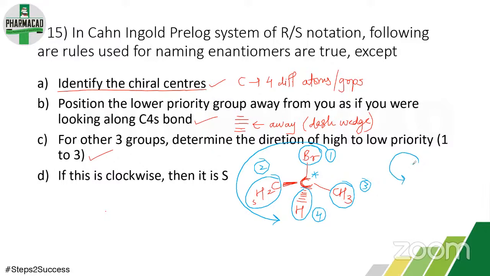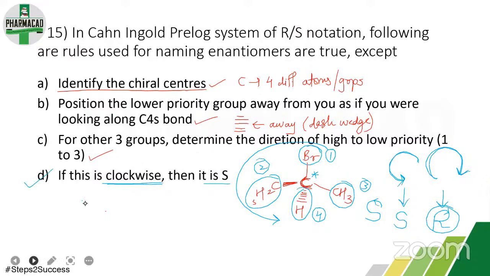Remember, if it is anti-clockwise, then it is S. While writing S, how do we go? Anti-clockwise. If it is clockwise, then it is R. While writing R, how do we go? Clockwise in this manner. But this statement says that if it is clockwise, then it is S. But if it is clockwise, then it should be R. It means that the incorrect statement is option D.